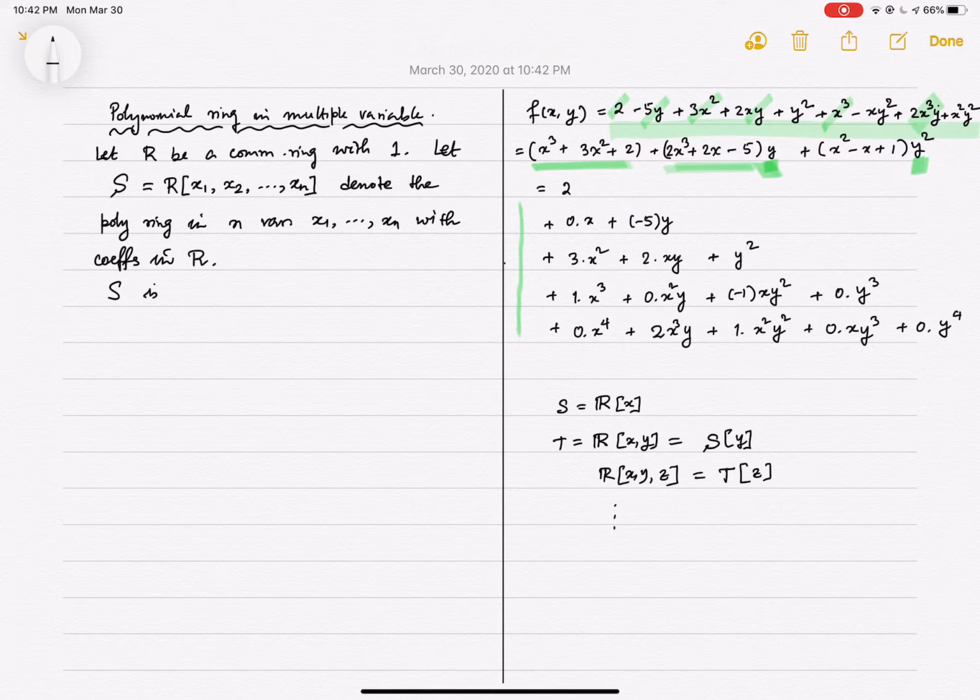S is a commutative ring with 1 as well, and you can add and multiply them in the usual manner. So one way to define them would be to go one by one and define them inductively, like here.